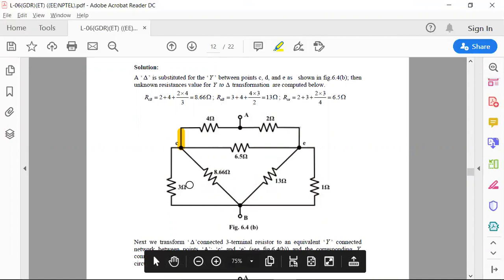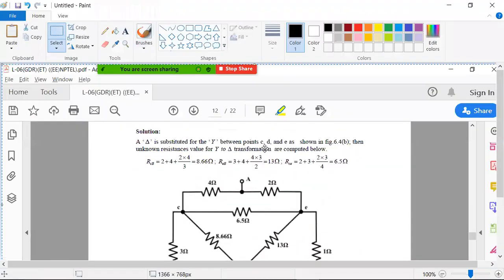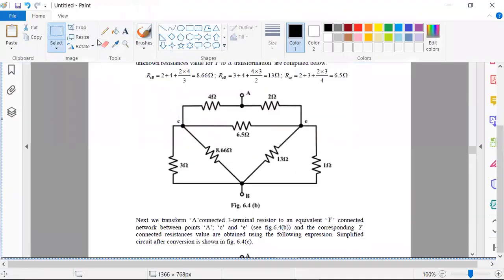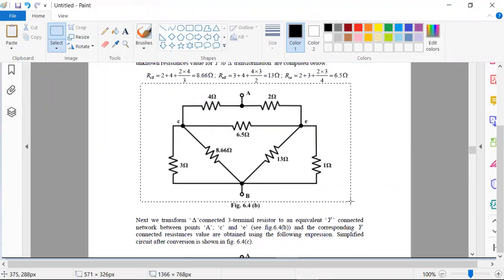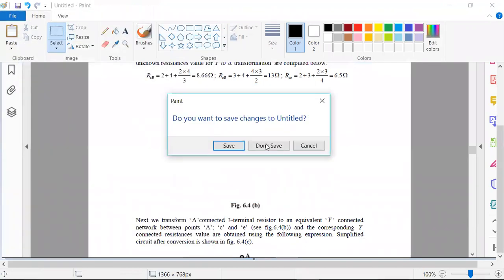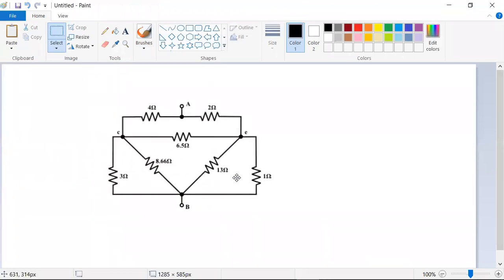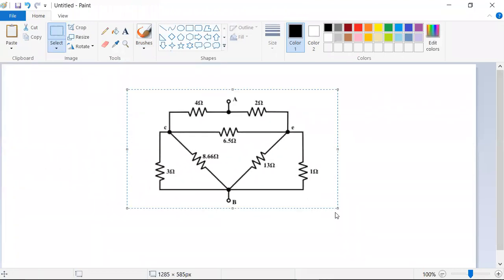You know how we got this circuit. Let me draw the circuit, or let me take this circuit screenshot. Let me use this screenshot. Right. From here, let me draw.